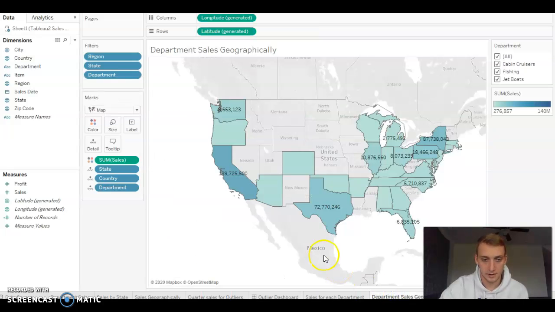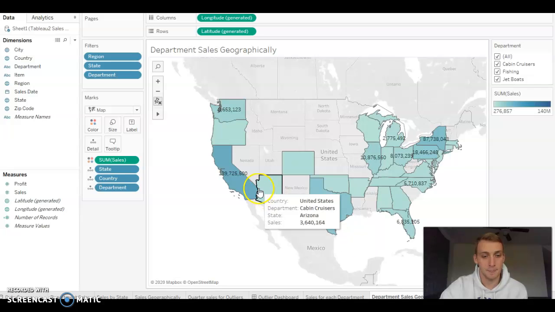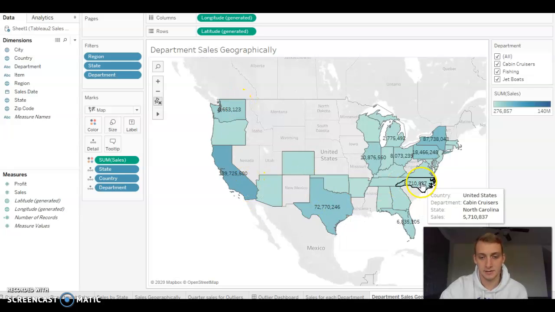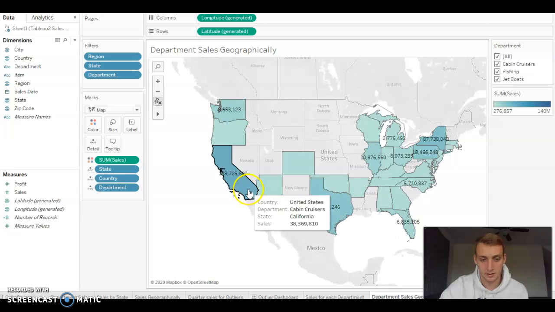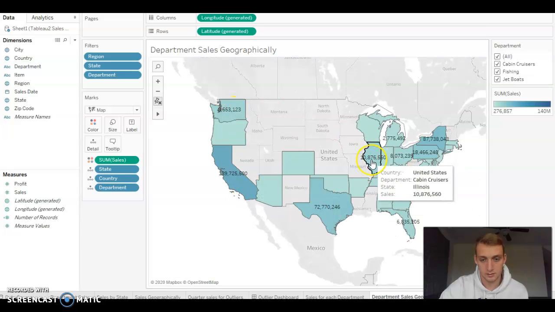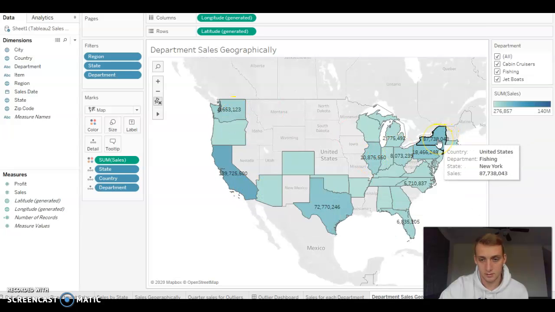And then from that, I made another geographic map and I highlighted the top 10 states with their highest sales in those states. So cabin cruisers for Pennsylvania, but then in New York, it would be fishing because they had a higher sales in the fishing department than they had in the cabin cruiser department.